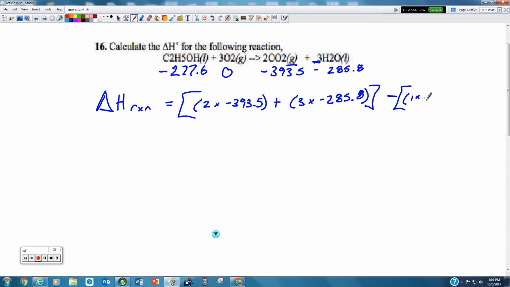So 1 times negative 277.6 plus 0. All right, so go ahead, solve this one and see what you get.